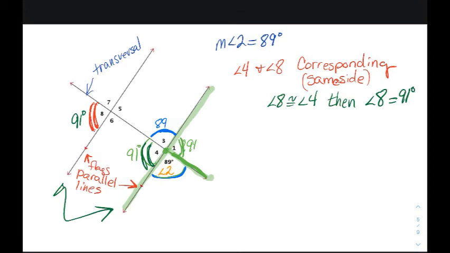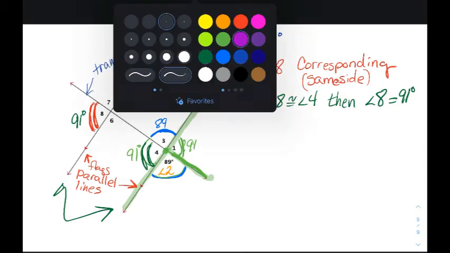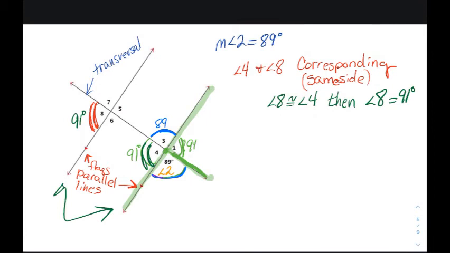Okay. We could also move on around. We could say, well, we know angle 2 has a relationship with 7, and that's actually known as an alternate exterior. And again, they're outside of the parallel lines.